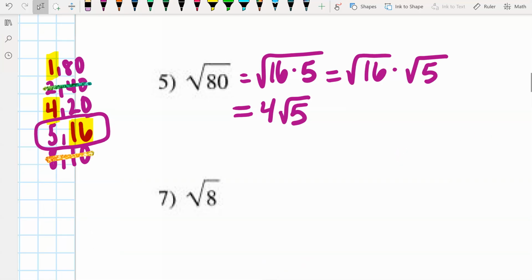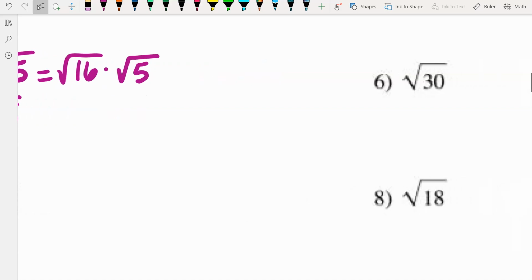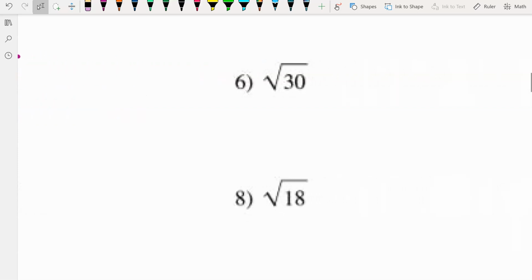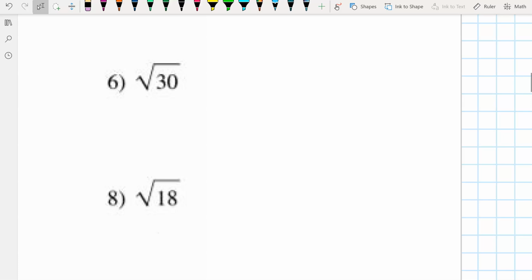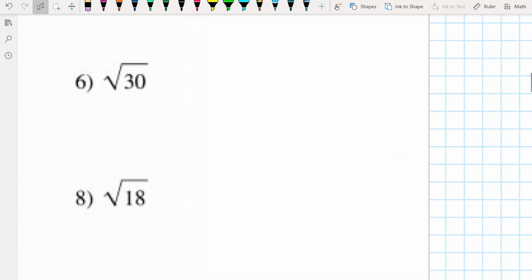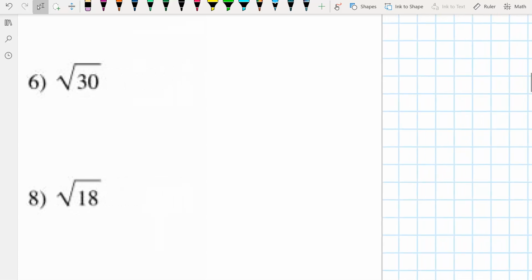All right, so I want to talk about one more before we end this little video. I want to take a look at number 6. So number 6, we have square root of 30. 30 is not a perfect square. So I want to take a look at the factors of 30. So I have 1 and 30. I have 2 and 15. I have 5 and 6.